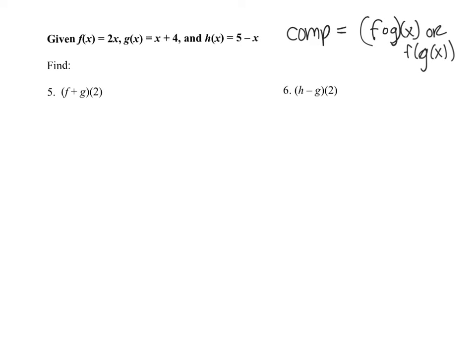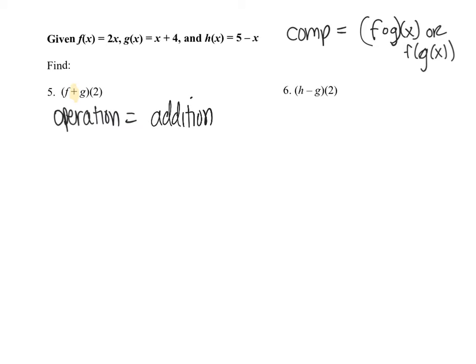Composition, that's how that's going to be written in those two different ways. When I'm looking at 5, does that look like a composition? No, right? So this is throwing you back to last time. Operation. And what operation am I using? What did I highlight? Addition. Okay?